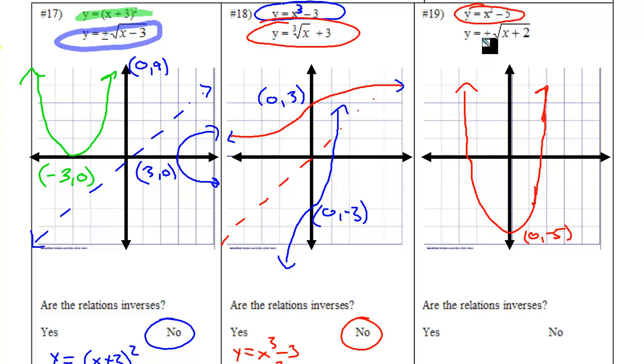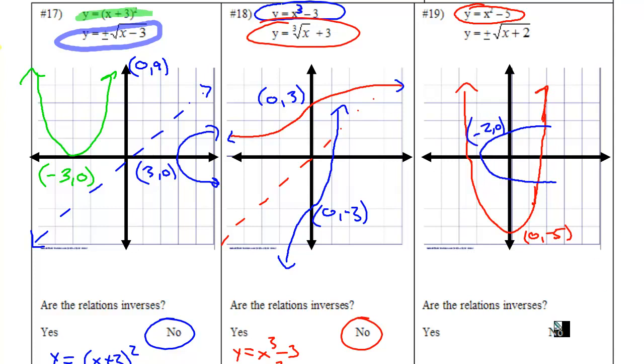That's this one. The other one is plus or minus the square root of x plus 2. Plus or minus the square root is going to look like this. It's reflected over the line y equals x. This plus 2 translates that graph to the left too, making its vertex (-2, 0).